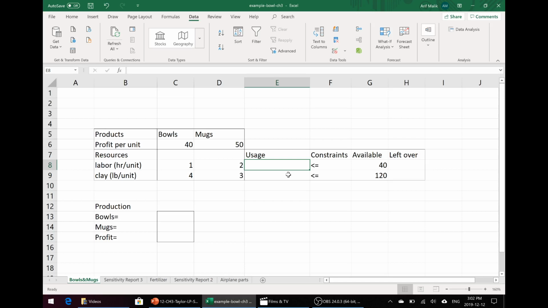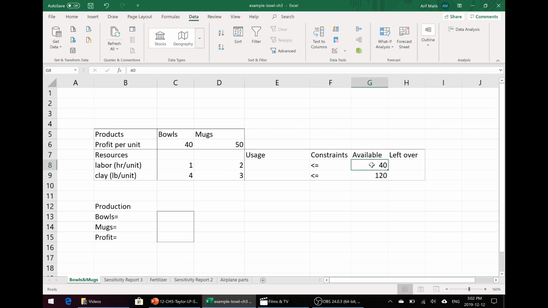So we write the formula over here, x1 plus 2x2, and 4x1 plus 3x2 over here. These are just put here symbolically, less than or equal to. These are not the actual constraints used in Solver, which has separate constraints.